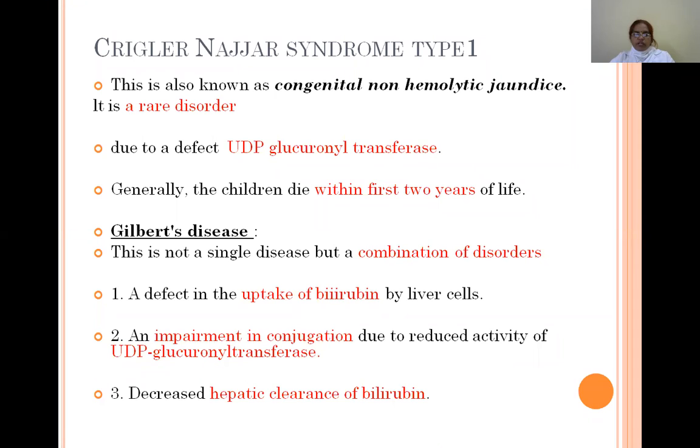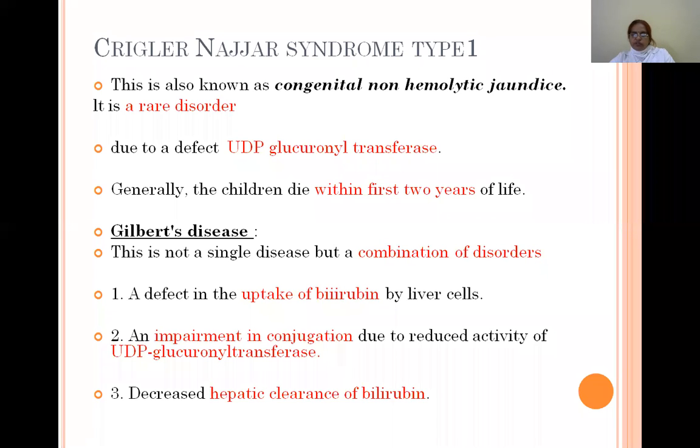And now see Gilbert's disease. This is not a single disorder; it is a combination of disorders. Here there is a defect in the uptake of bilirubin by the liver cells, and also an impairment in conjugation due to the reduced activity of UDP glucuronide transferase.